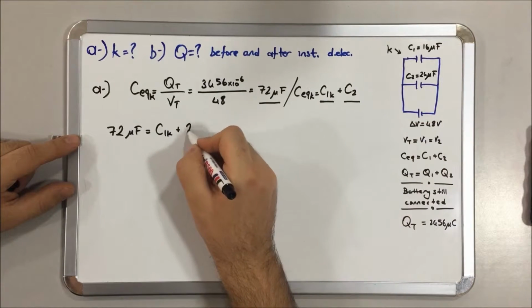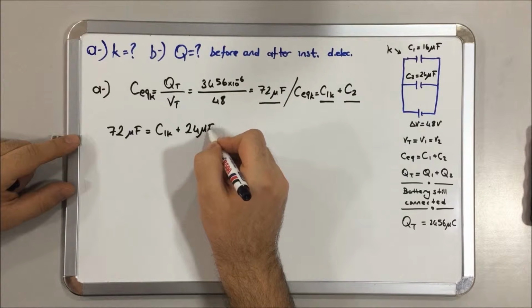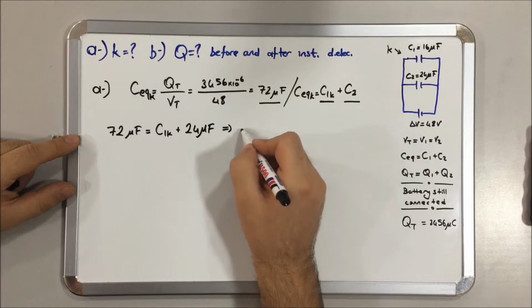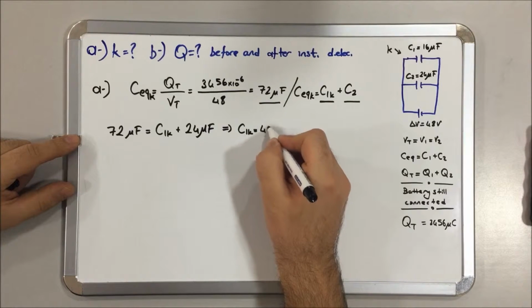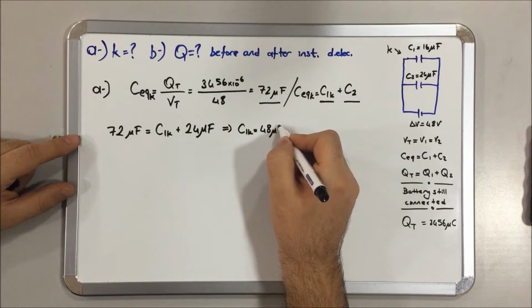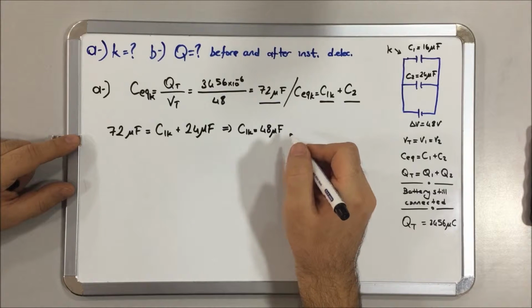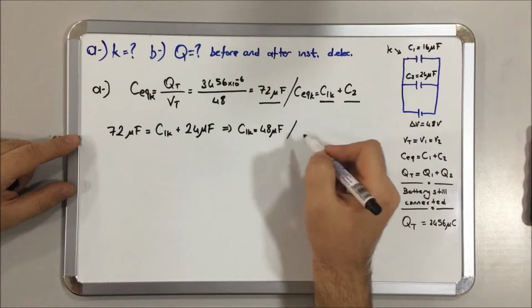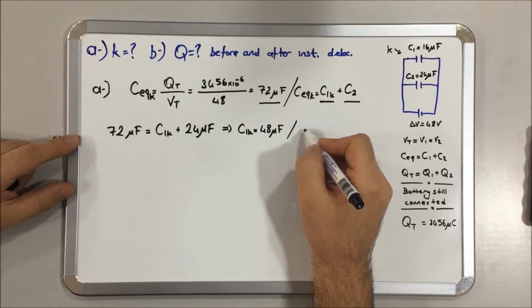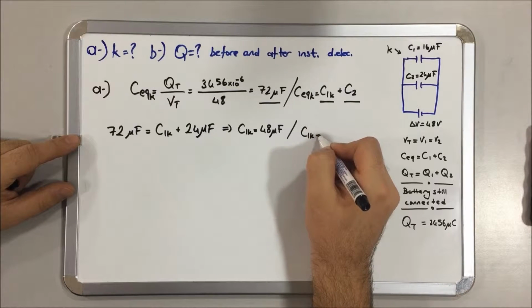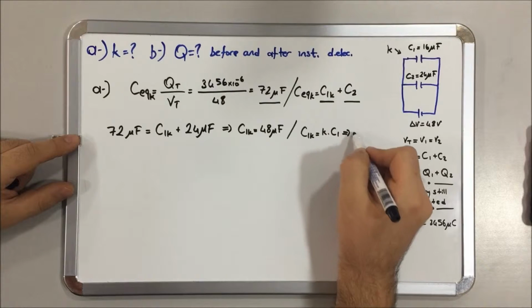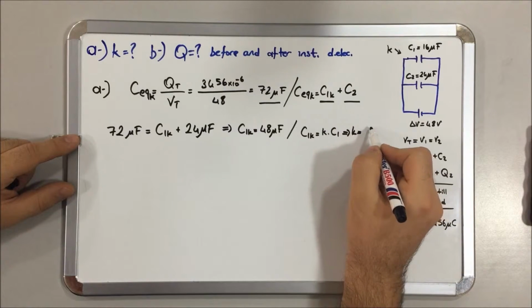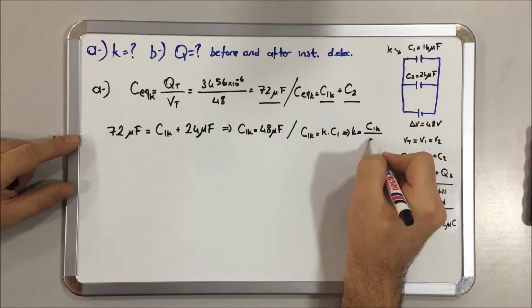C2 is 24 microfarad. So C1K will be, when we subtract it, 48 microfarad. And we know the formula C1K is equal to K times C1. So K is equal to C1K over C1.